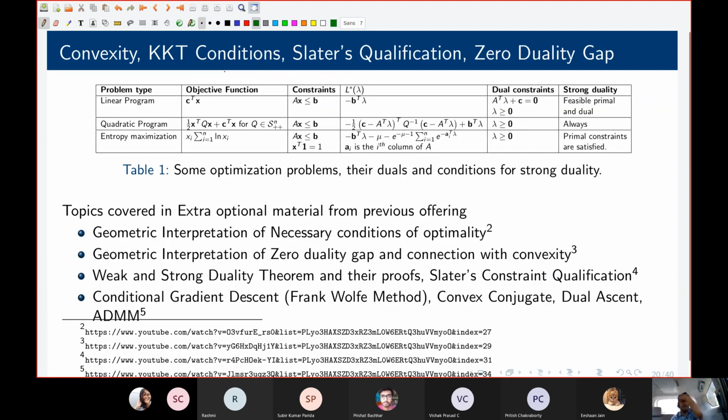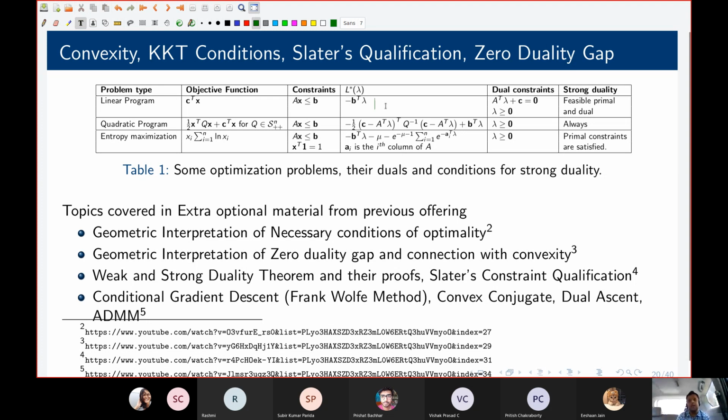So you can try some more linear programs. We'll have c transpose x as the objective, with constraints Ax less than or equal to b. The dual function again turns out to be linear. The dual will generally be of the same complexity as the primal. You can't expect that the primal is a quadratic function and the dual becomes linear suddenly. The dual may become a simpler quadratic if the primal is quadratic.